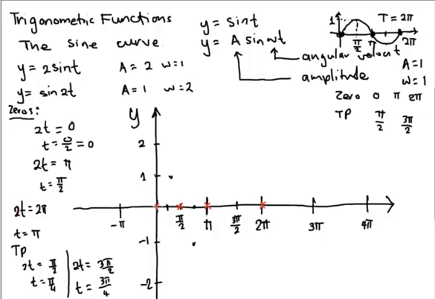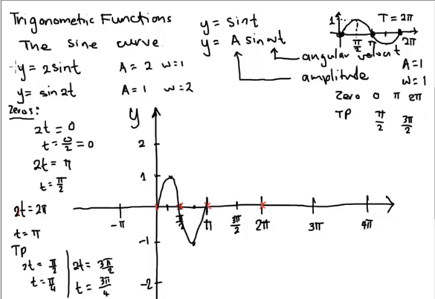Now, to draw the curve, we try to draw a smooth curve: up, that's the highest, down, lowest, then up. All together, that is the curve.